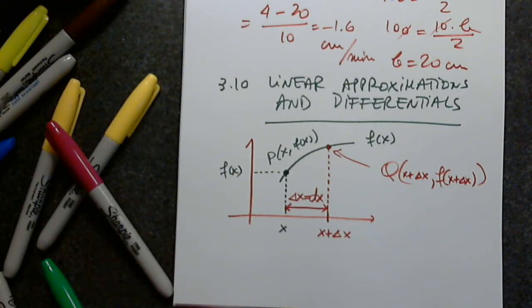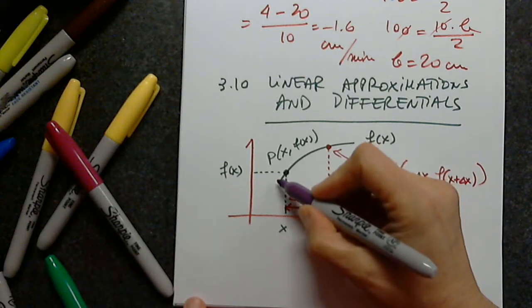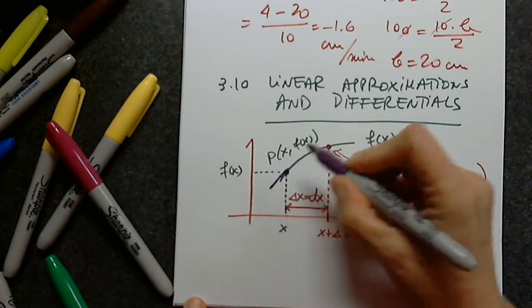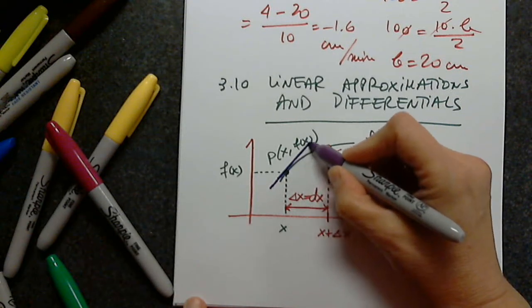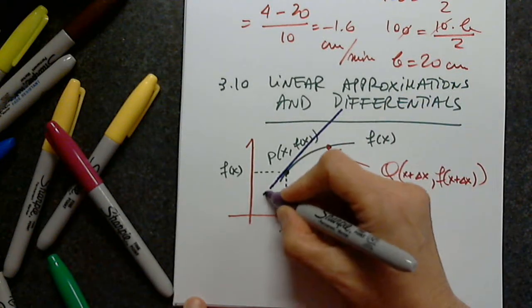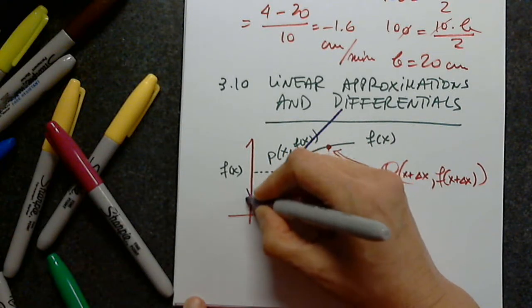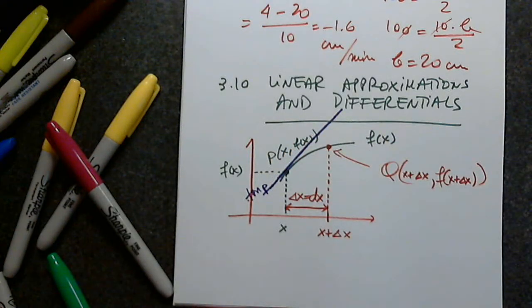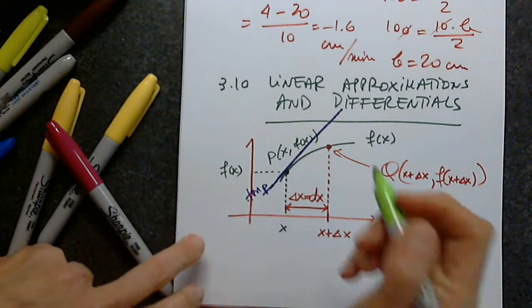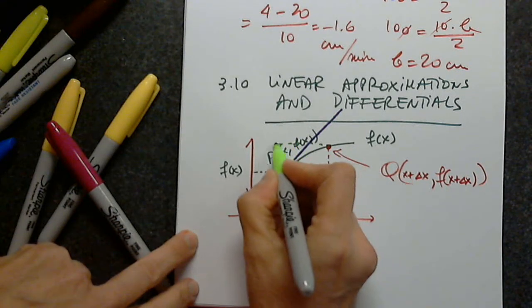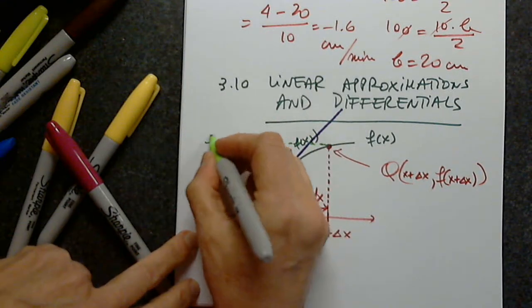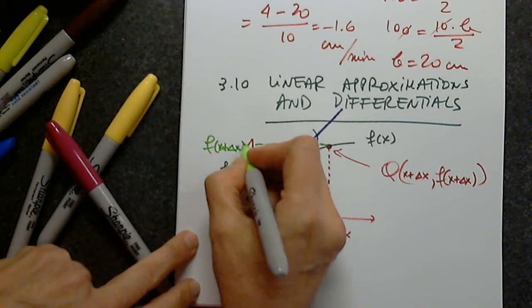I am going to draw the tangent line at P and extend it. So this is the tangent at P. Obviously, this is f of x plus delta x.